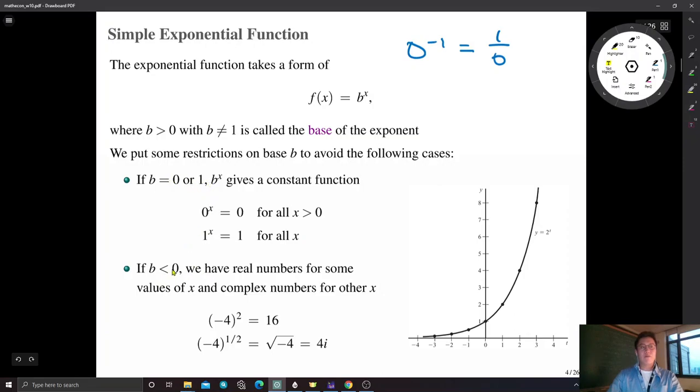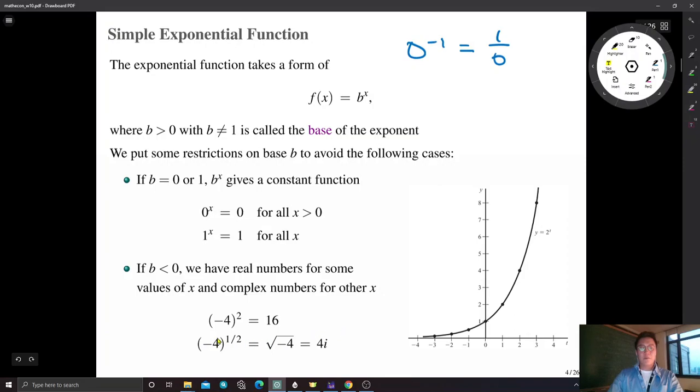And we also rule out negative bases, because when the base is negative, we have real numbers for some values of x and complex numbers for other values of x. For example, if the base is negative 4, then negative 4 squared, when x is equal to 2, is a well-defined 16. If we multiply negative 4 two times, we get 16, which is a real number.